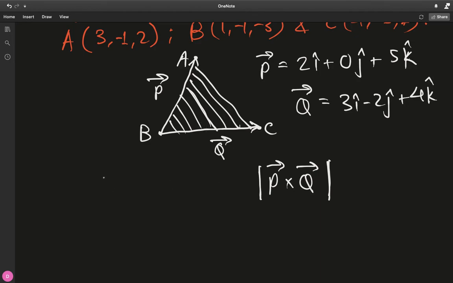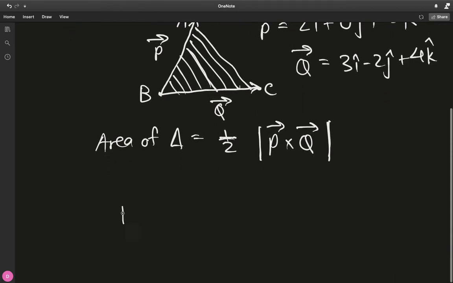But the area of the triangle will be half of the area of that parallelogram, so half of the magnitude of P bar cross Q bar. And to find P bar cross Q bar, you do the matrix determinant method.